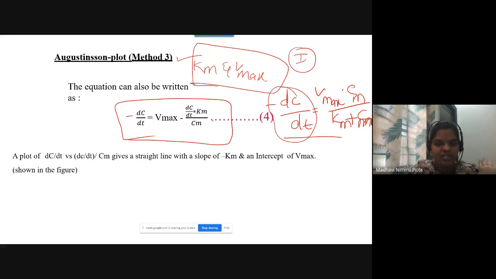Just that sentence is enough. Then you can plot the graph between dc by dt versus dc by dt divided by Cm. It will give a slope of minus Km and an intercept of Vmax.